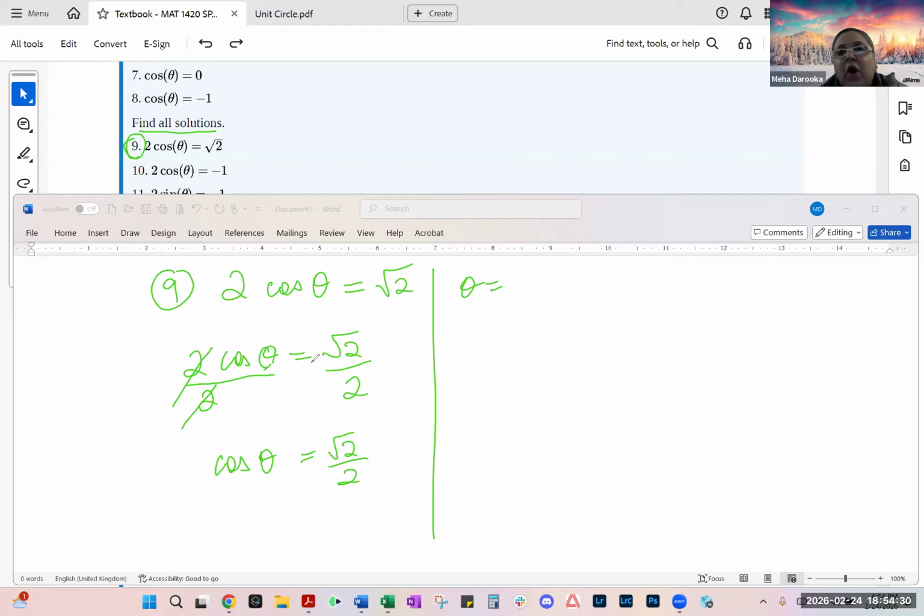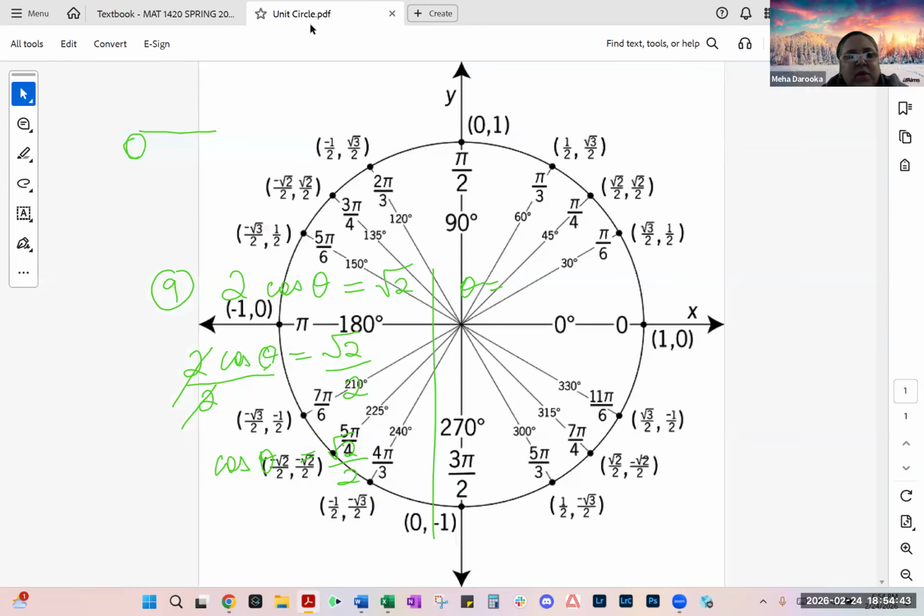Which means we've got to find all the possible answers. And if you guys want, I can actually share the unit circle here with you, but I don't know how well you will be able to see with the writing on there.